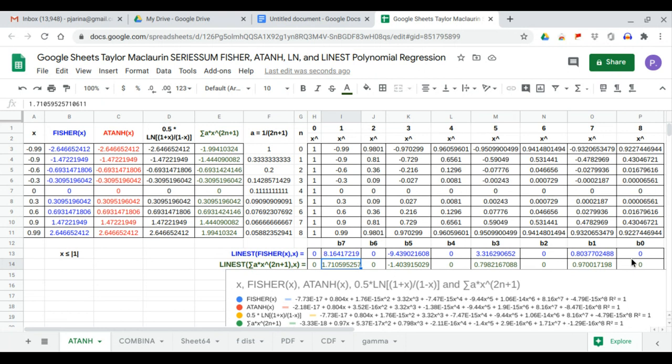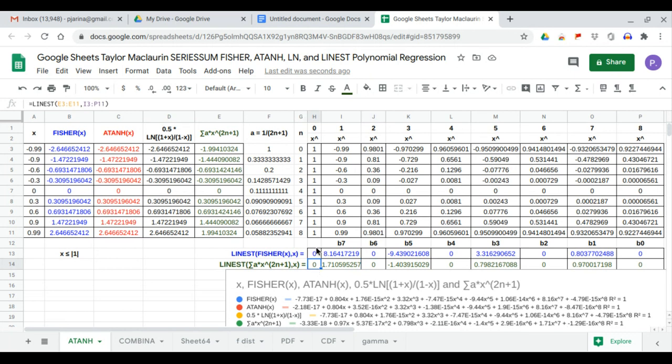These are even values of 0, they are very small, 3.3 times 10 to the minus 18. And B2 is 5.37 times 10 to the minus 17, that's 0. Even B4, which is negative 2.11 times 10 to the minus 16, that's 0. And B6 is 2.9 times 10 to the minus 16, that's also 0.